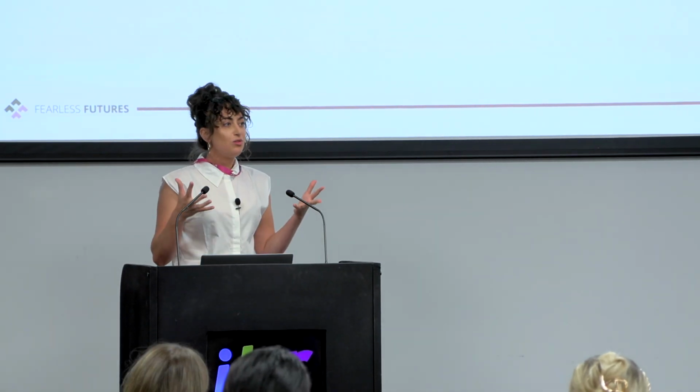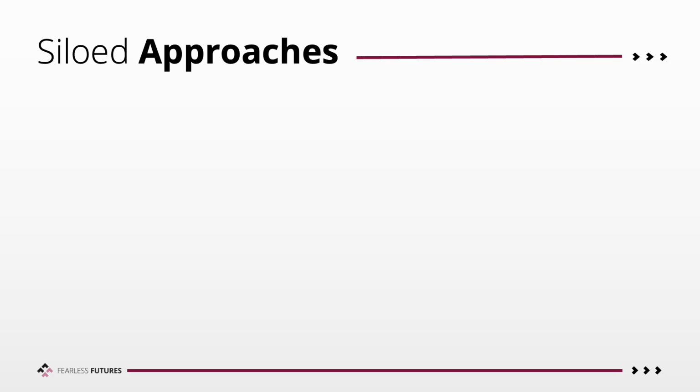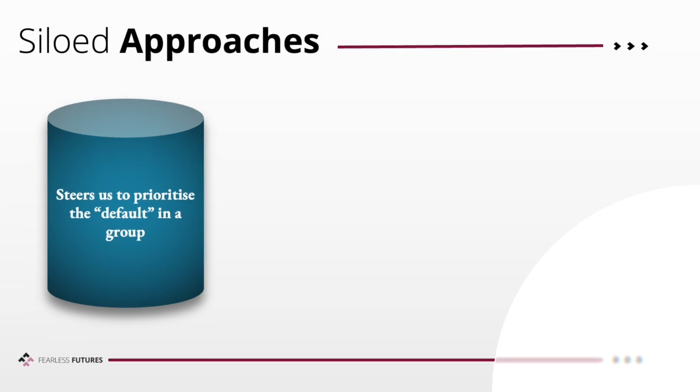The traditional or alternative approach is what we might call a siloed approach, or for any data experts in the room, a single axis approach. It's not terrible, but there are a couple of risks to think about. The first is, when we take a siloed approach, we often end up prioritizing the default within a group.